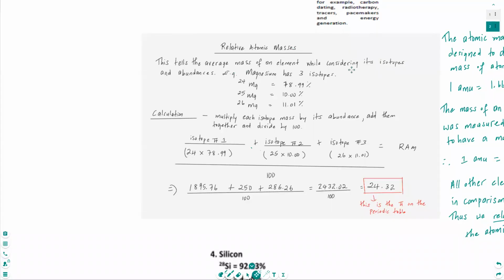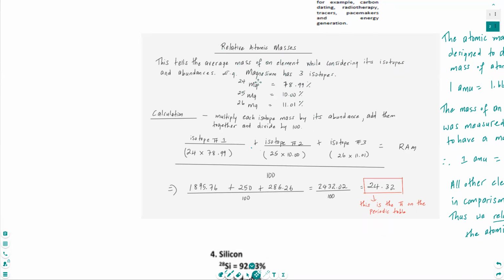So the relative atomic mass essentially considers all the isotopes that an element has, and then you find the average mass of one atom of that element, right? But you have to consider the fact that it has different isotopes, and different isotopes have different masses. So the relative atomic mass is a mass of an element, all right, while considering its isotopes and their abundances. And this mass is in comparison to carbon-12.